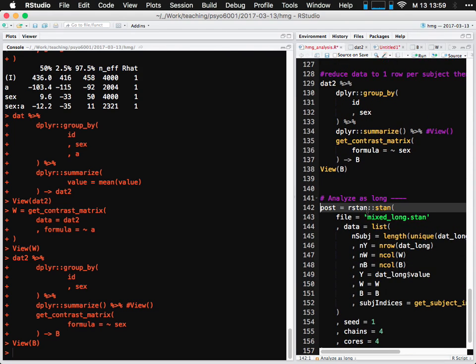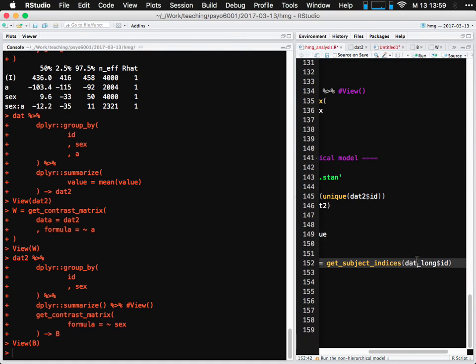And hopefully this the non. So everywhere I see a dat long, I'm going to put dat2.